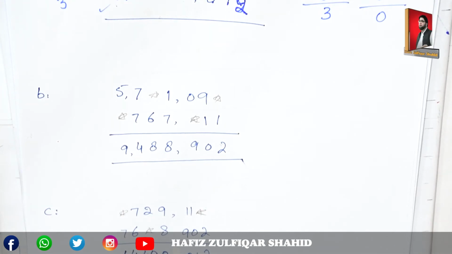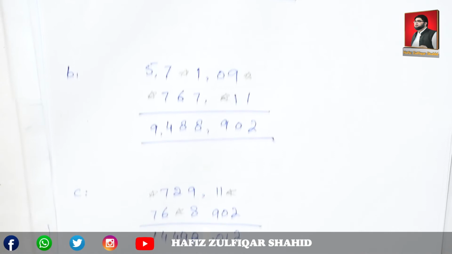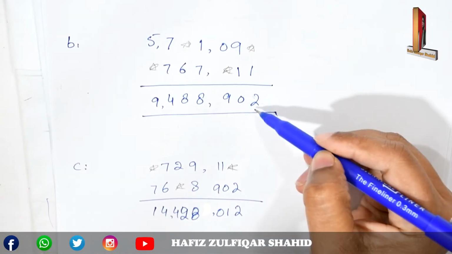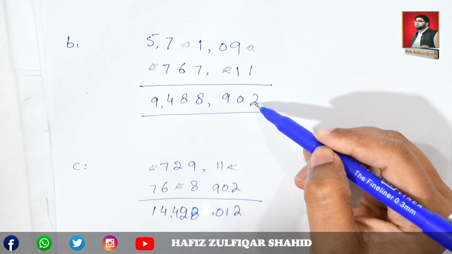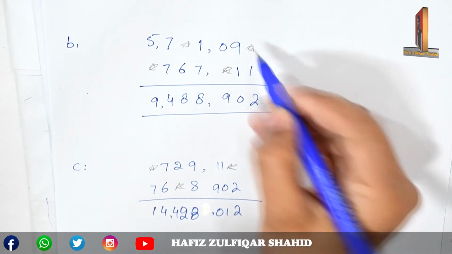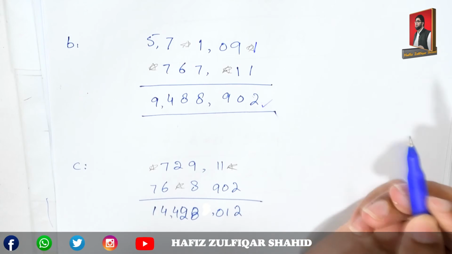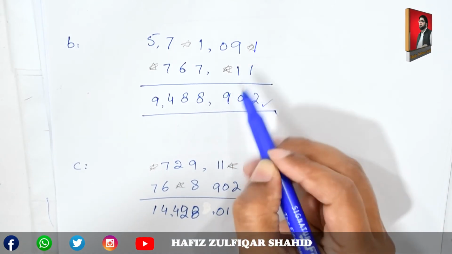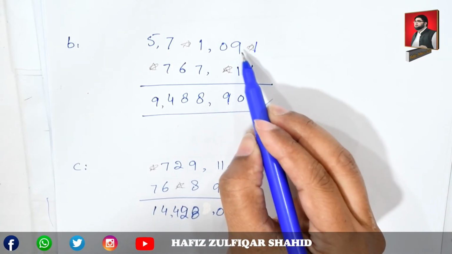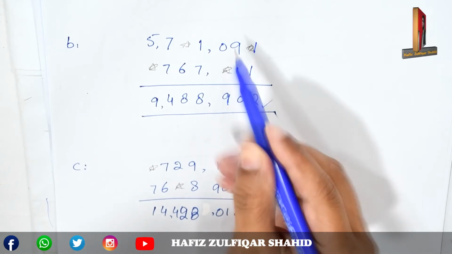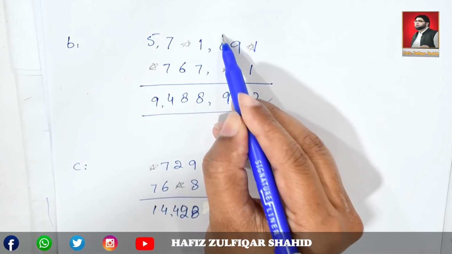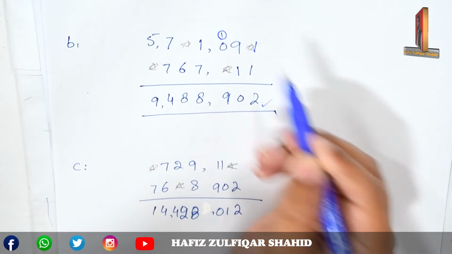Let's do it fastly. Minus 1 from 2, it will be 1. Now add 1 and 1, answer will be 2. We have 1 carried digit here.